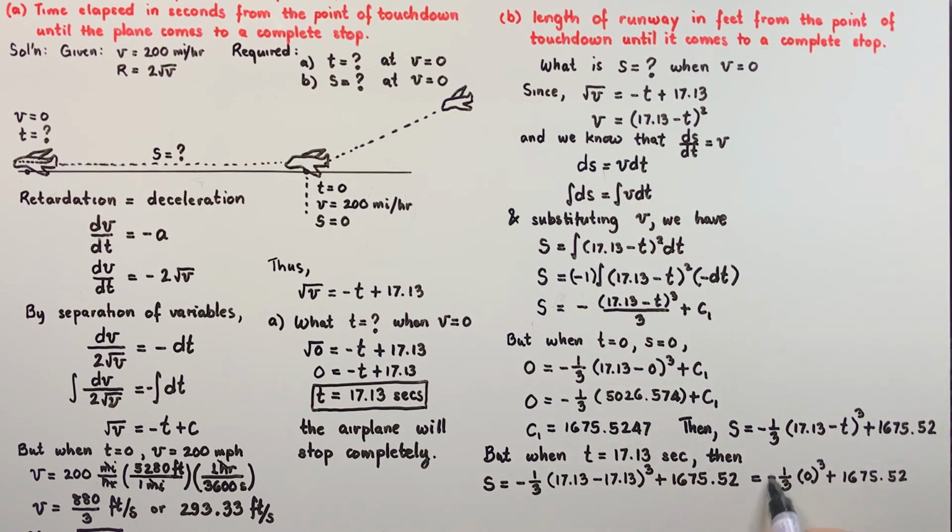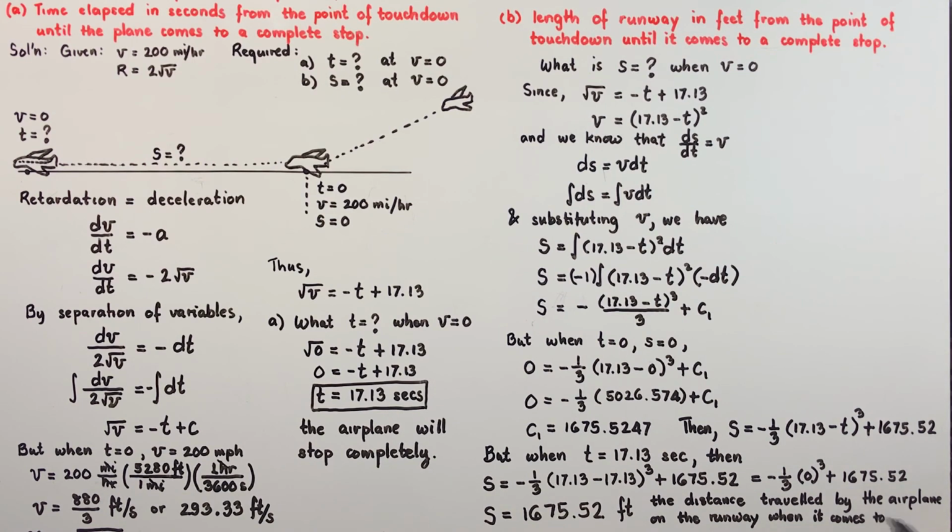And anything multiplied by 0 is 0. So therefore, the distance traveled by the plane in the runway is equal to 1675.52 feet, which is the distance traveled by the plane on the runway when it comes to its full stop. So this is our answer for the question number 2 in the problem.